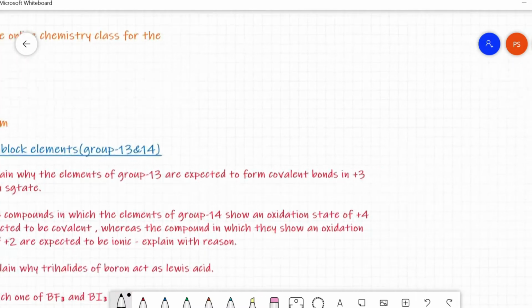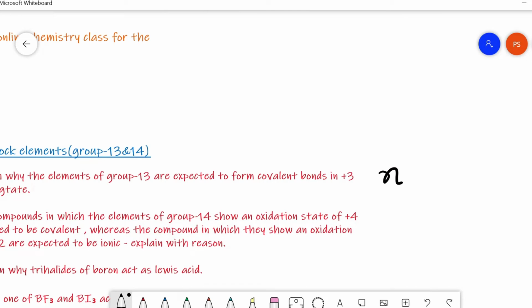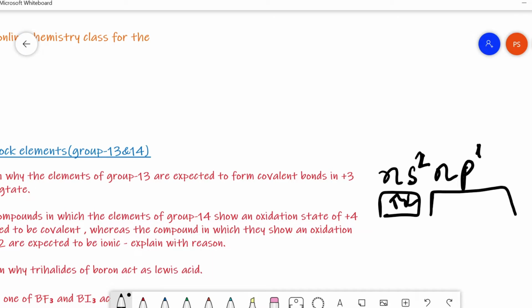Now, group 13, the general electronic configuration is ns2 np1. A total of 3 valence electrons are present in the valence shell.